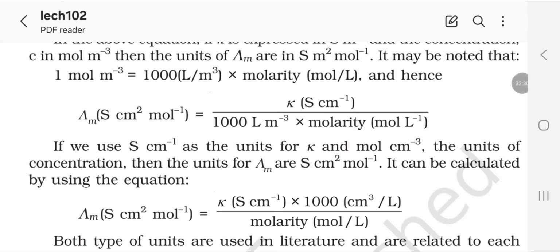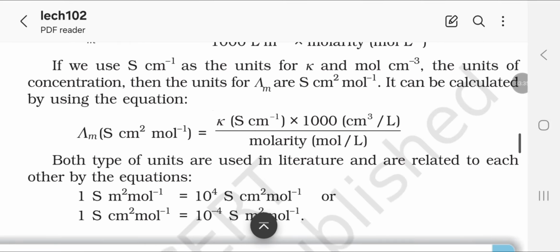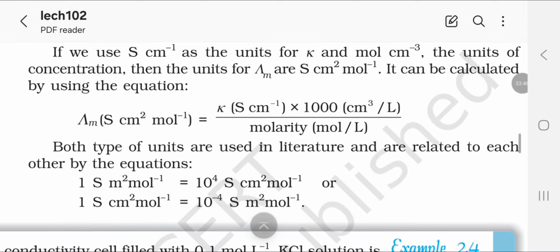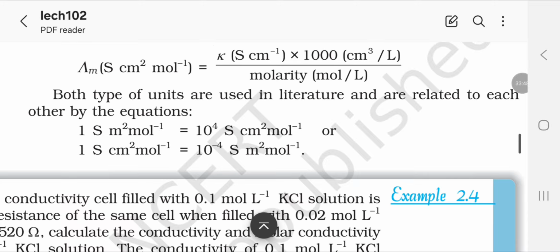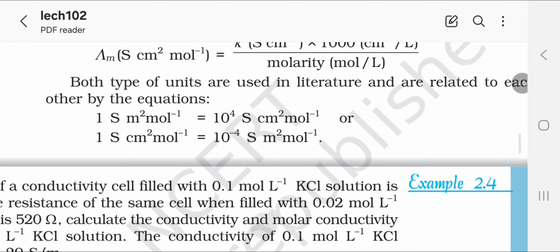It can be calculated by using the equation Λm = κ × 1000/molarity. Both types of units are used in literature and are related to each other by the equation 1 S m^2 mol^-1 = 10^4 S cm^2 mol^-1, or 1 S cm^2 mol^-1 = 10^-4 S m^2 mol^-1.